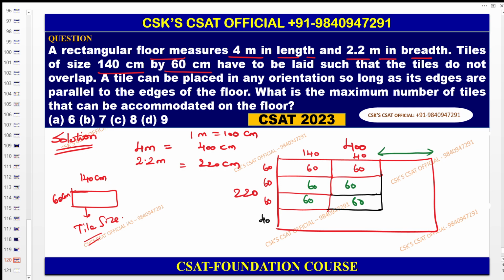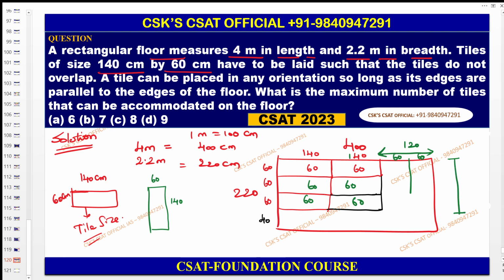The left out place here is 400 minus used 140, 140, that is 280, so the left out is 120. Now this tile can be rotated like this, so this is 60 and this is 140. This 120 is occupied here. You can use a 60 here, and a 60 here. The total length here is 220.